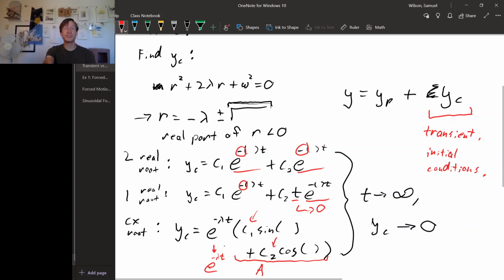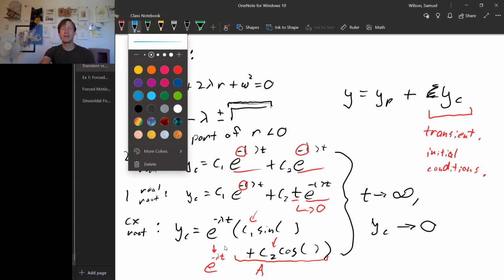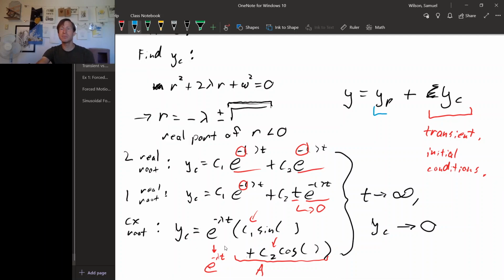The particular solution, on the other hand, we will see in typical examples tends to last forever. So the particular solution usually doesn't go to 0 as time goes to infinity. And so it's called the steady state because it lasts forever. And what determines the steady state?